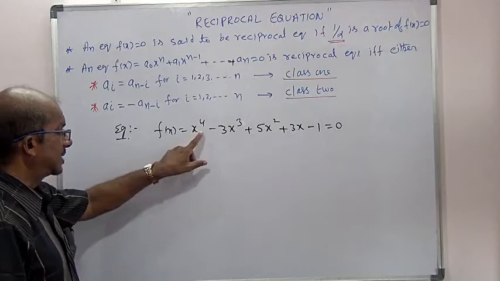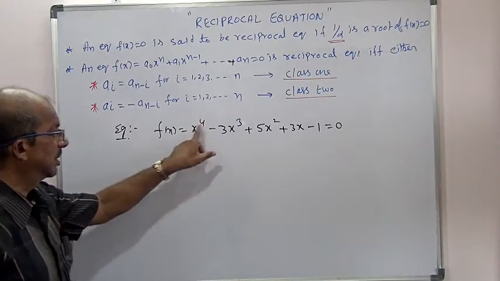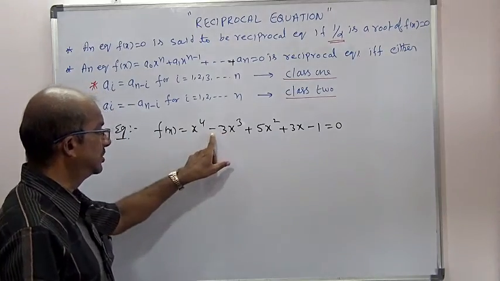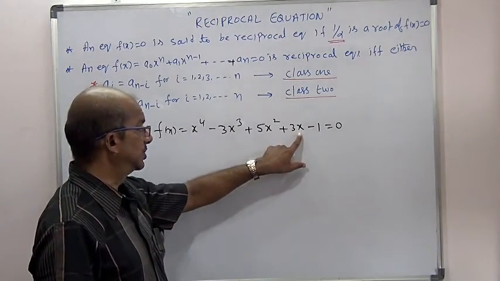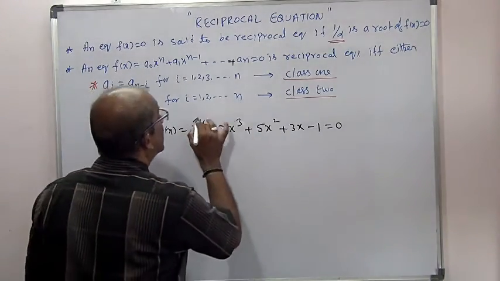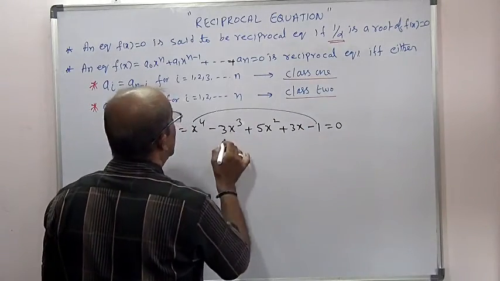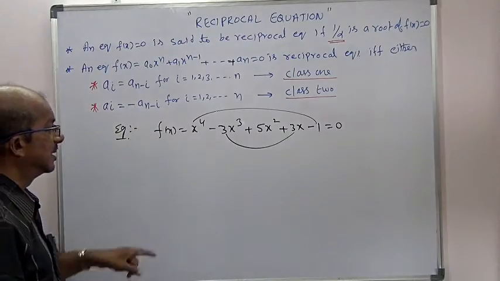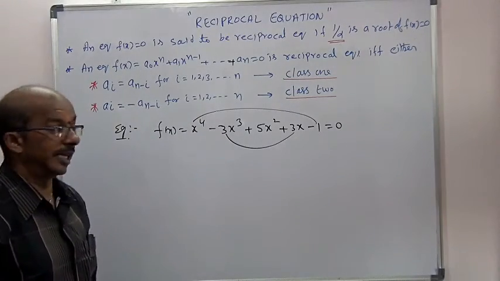So x power 4 is positive and the constant is negative. X cube is negative, and x is positive. So, linking the first and last, and second and last but one like this, this is a class 2 reciprocal equation.